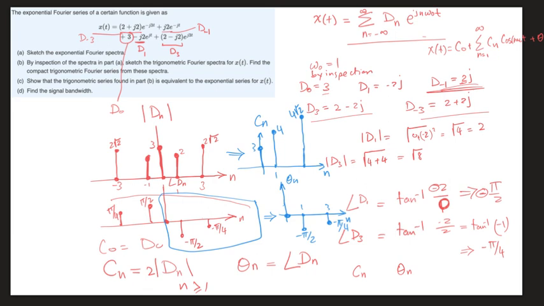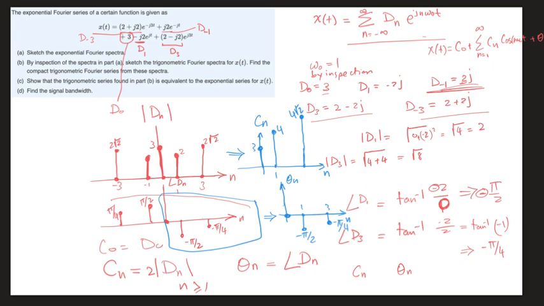Because they are symmetric, we multiply the ones here by 2. So we can keep the same energy, because all of them should represent the original signal. In this case, it's periodic, so the same power. That's why all the other elements except at 0 are multiplied by 2 in terms of the magnitude. But the one at 0 does not have a negative replica, so it stays as it is.